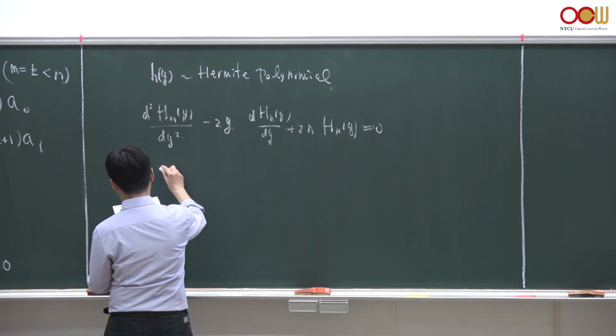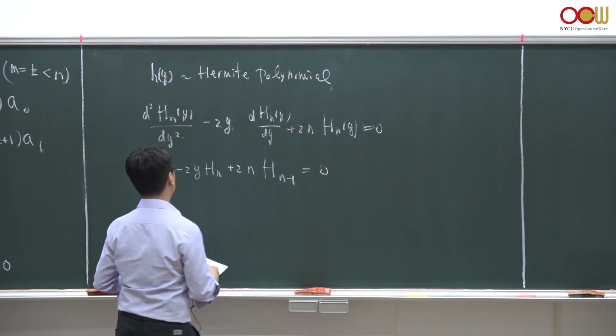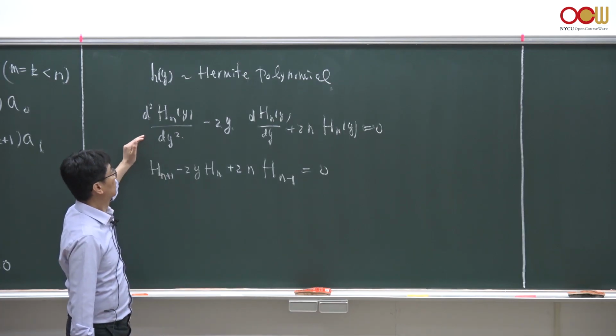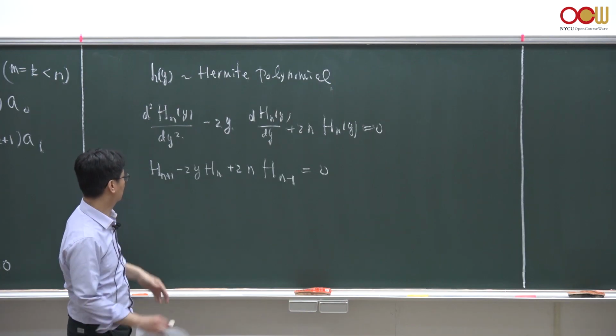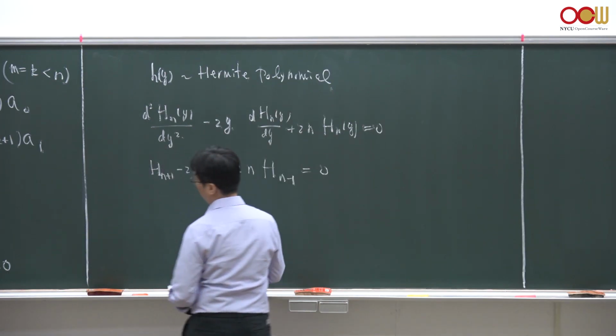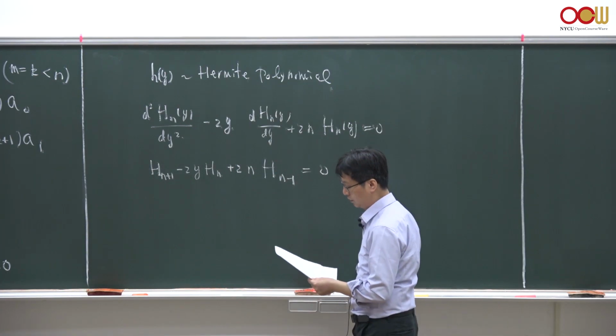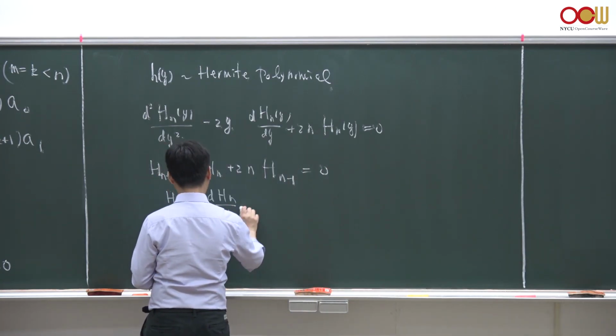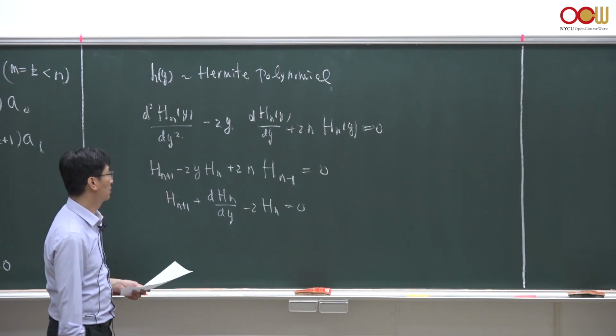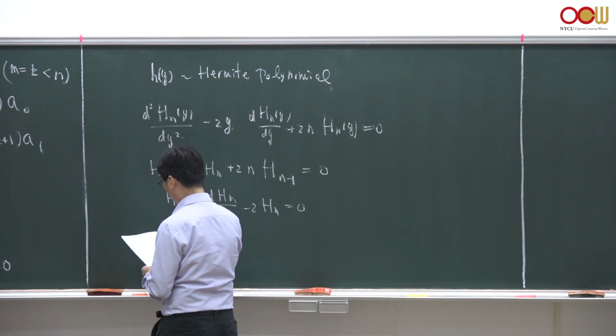And you can get this recursive relation that comes from the Hermite polynomial equation, which looks pretty similar to what we found for the h of y function. Anyway, this is just a more mathematical way to derive this h of y function.